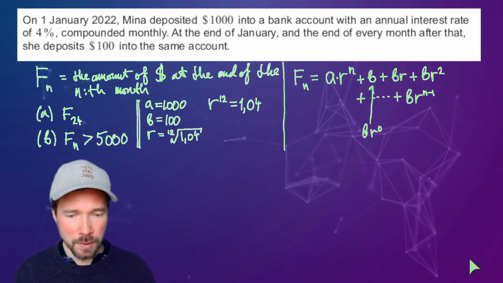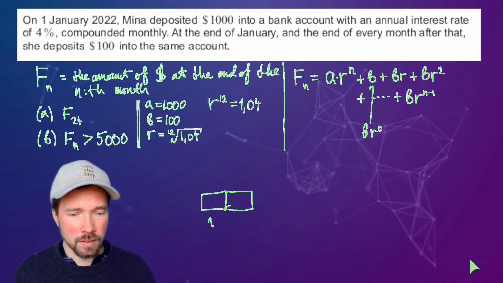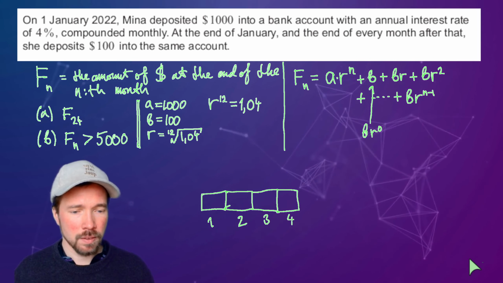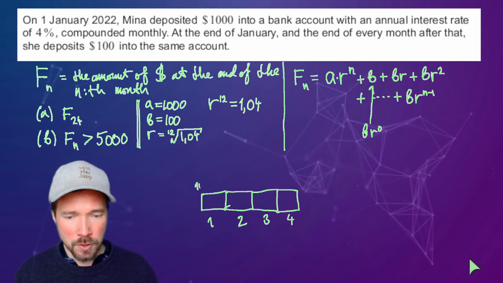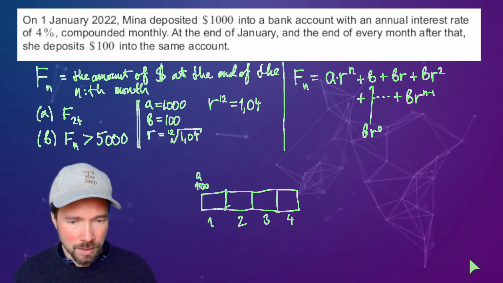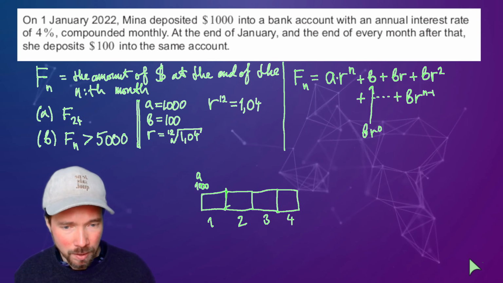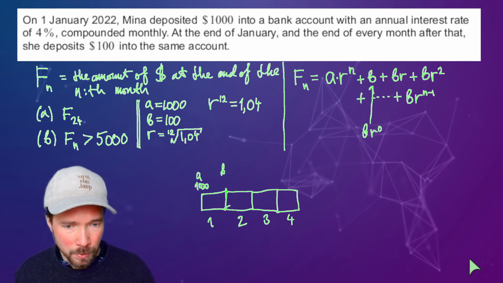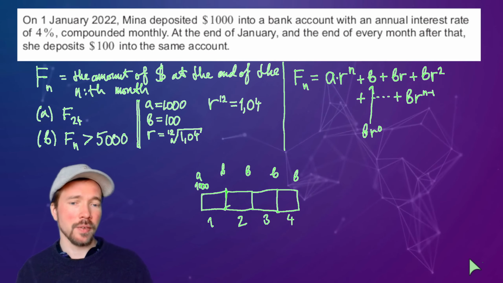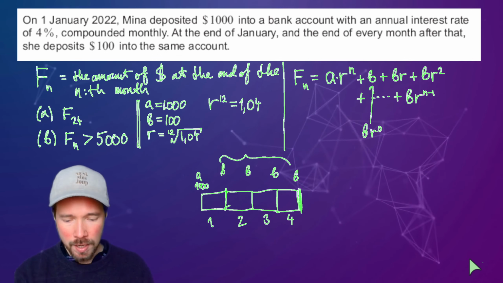Let me draw a picture. This is the first month. This is the second month, the third month, and the fourth month. Now, in the beginning of the first month, we have added 1,000, which is the A. At the end of the first month, which is the same as the beginning of the second month, we have added B. And then we have added B again, and again, and at the end of this fourth month, we have added B again. So at the end of the fourth month, we have added B 4 times.